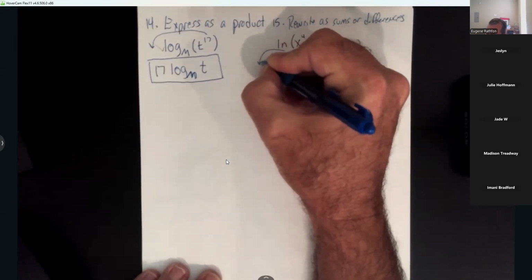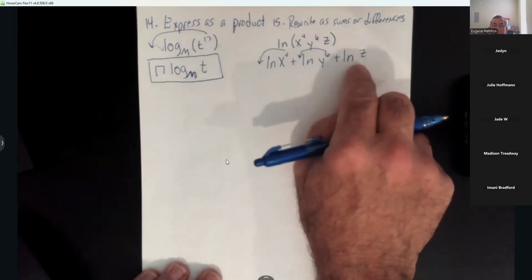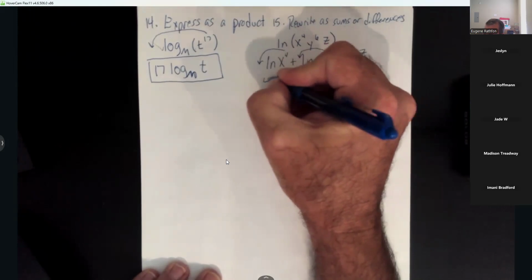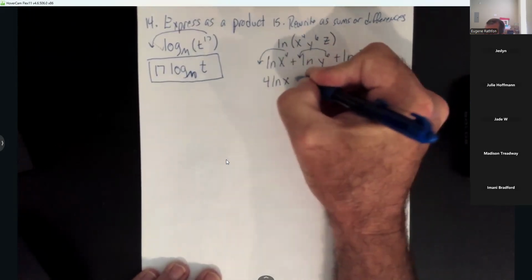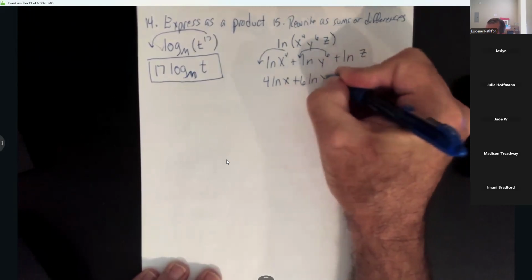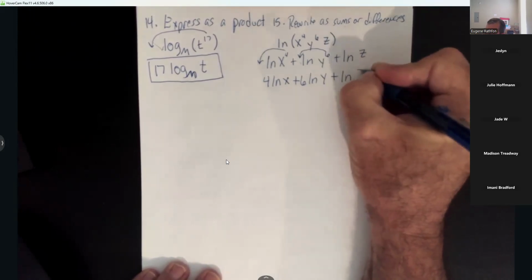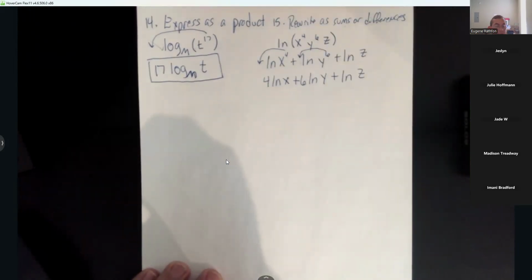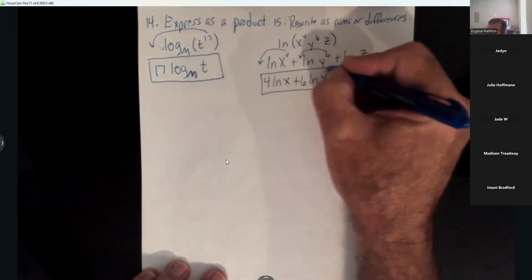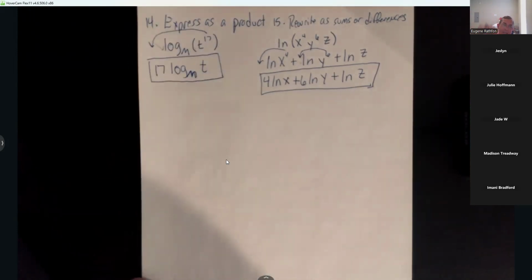We got to bring those exponents down and rewrite each of those as a product. So this one will give me a 4 times ln of x. Plus this one will give me a 6 times the ln of y. Plus at the end, there's nothing I can do. So leave that ln of z. This is what MathLab wants for that answer, okay? You got to bring the exponents down.